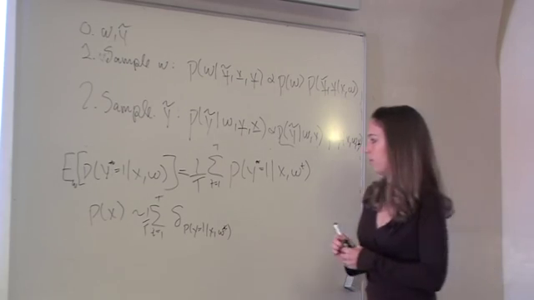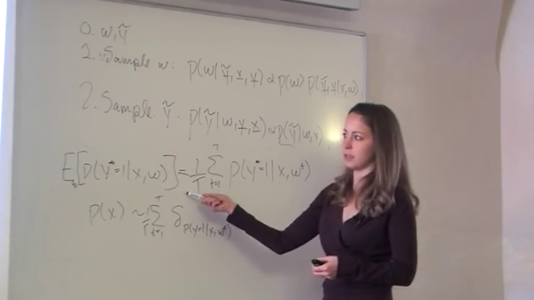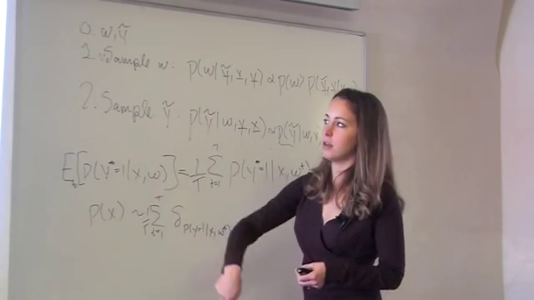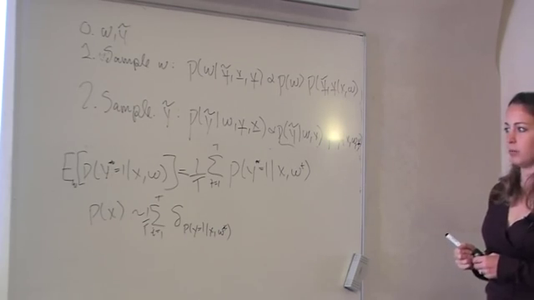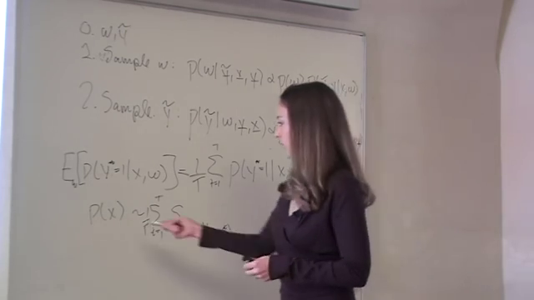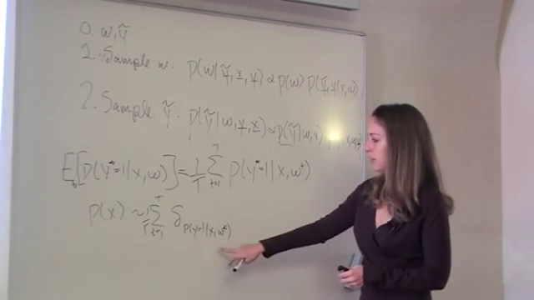One way to summarize this distribution of p of x is through the expected value, the black line. Another way to summarize it is with the 95% credible interval. Fixing x, I can calculate the 95% credible intervals.